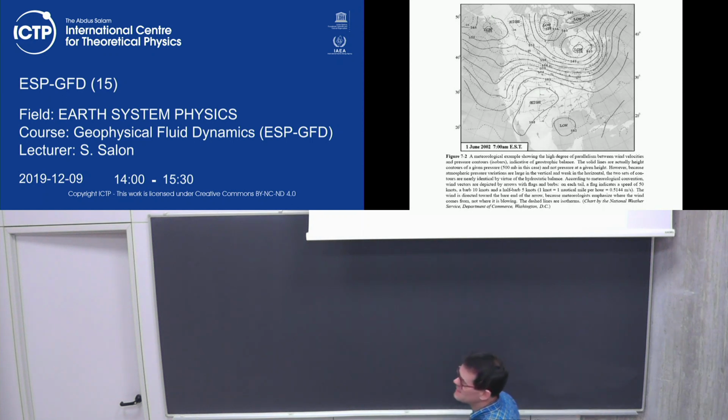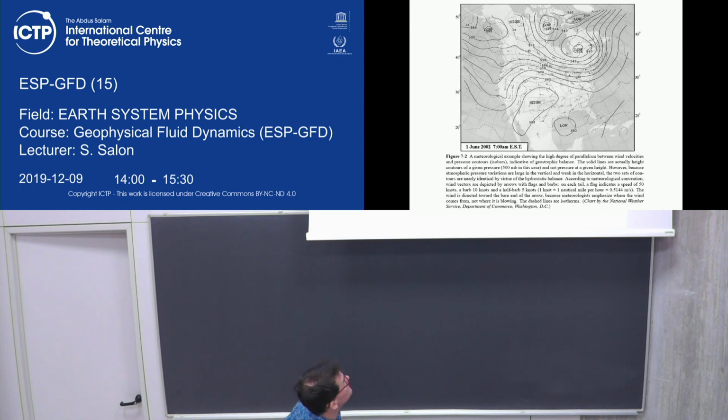Okay. So last time we started to see the simplest, let's say, but not really the simplest, because the simplest is the inertial oscillation. But one of the simplest solutions for the Navier-Stokes equation in a rotating framework, which was the geostrophic flow. We found that geostrophic flows are isobaric.